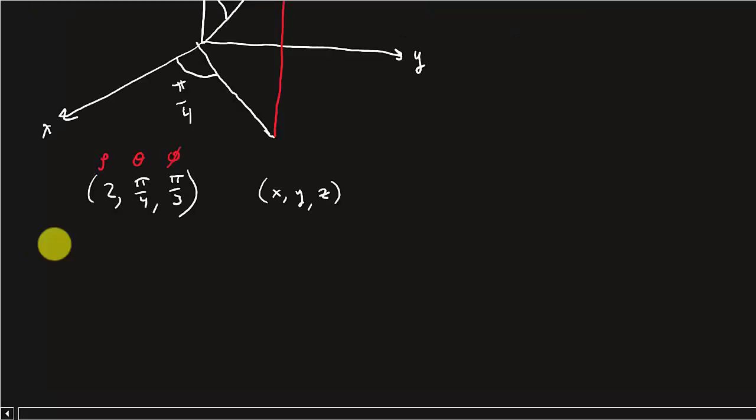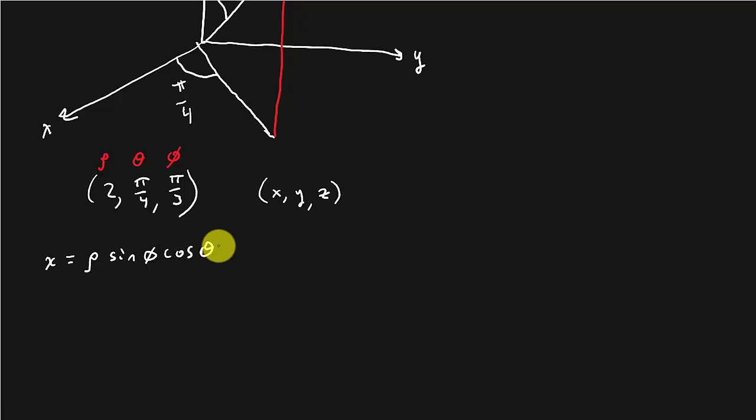So what is x? Well, x is equal to rho times sine phi times cosine theta. That's from what we found earlier, the first thing we did.